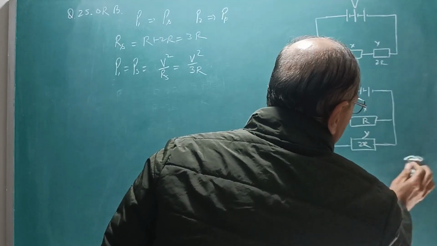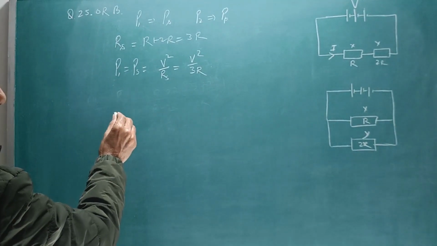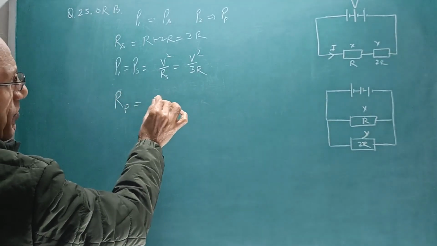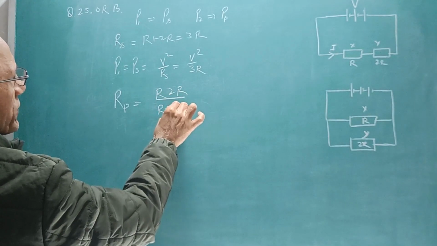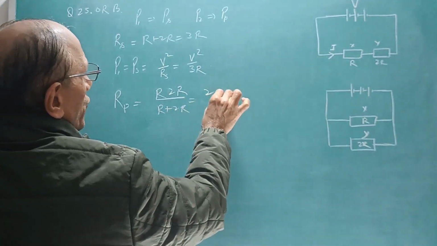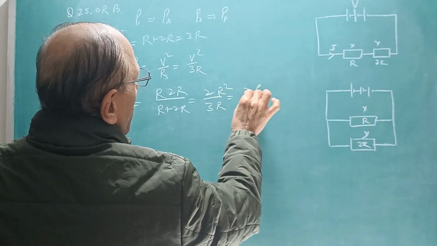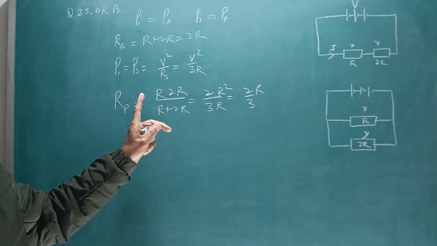So when they are connected in parallel, the resistance in parallel will be equal to product upon sum, R into 2R upon R plus 2R, that is equal to 2R square upon 3R, that is equal to 2R upon 3.